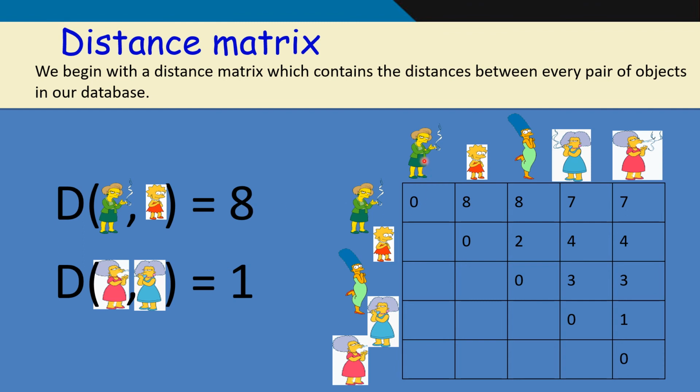Now the distance between this point and itself is 0. Now the distance between this point and this point is given as 8. Similarly, we find the distance between every pair. The diagonal would definitely be 0, as you can see, and this part of the table does not need to be filled, as it is just similar to the other half.